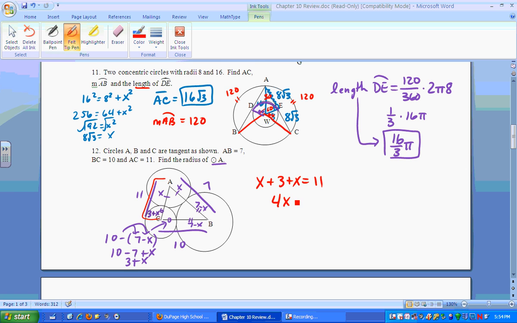When you simplify this, you get 2x is equal to 8. I'm sorry, you subtract that over, so you get 8. Silly me. And 2x is equal to 8, so you divide by 2, and the radius of that is going to be 4.